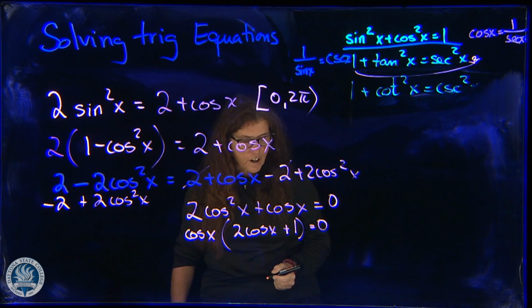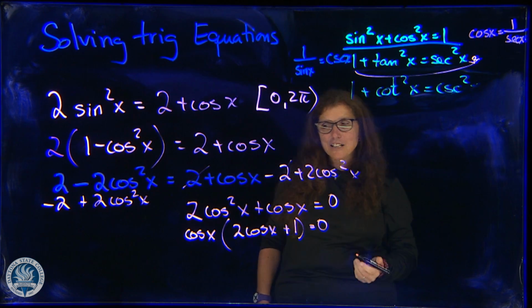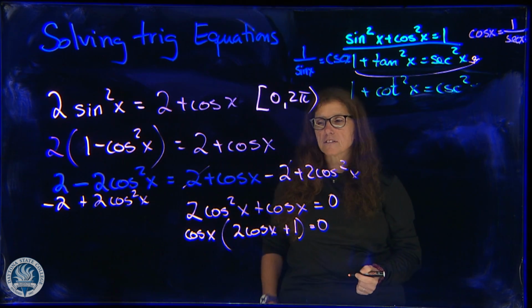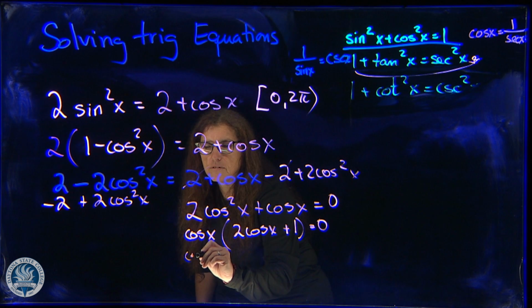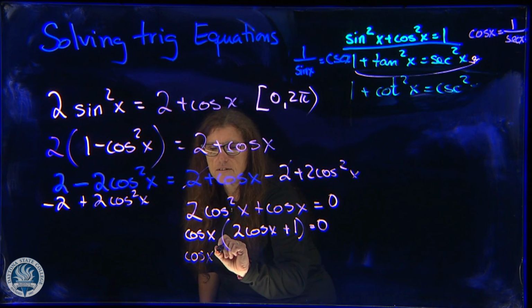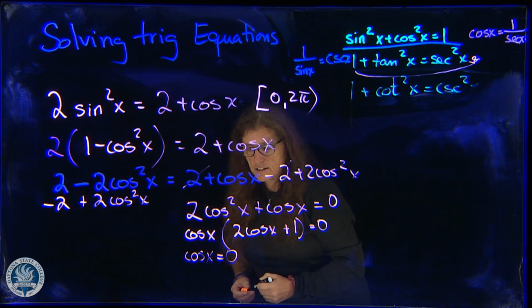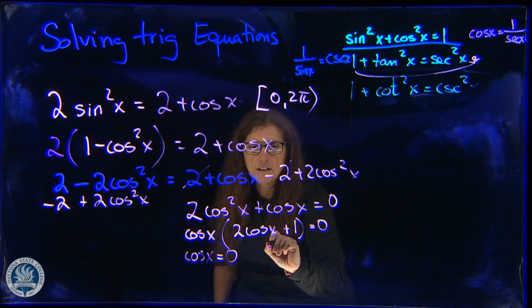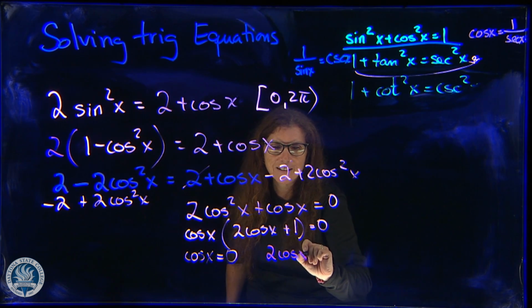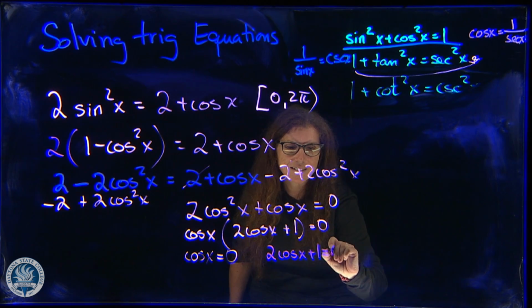So I have 2 factors here, and just like in algebra, we're going to set each factor equal to 0 and see what happens. So the cosine x is 1 factor. We set that equal to 0, and then we have 2 cosine x plus 1, and we set this equal to 0 as well.